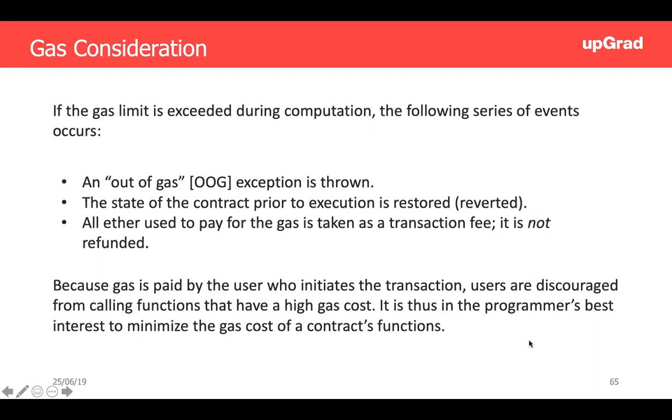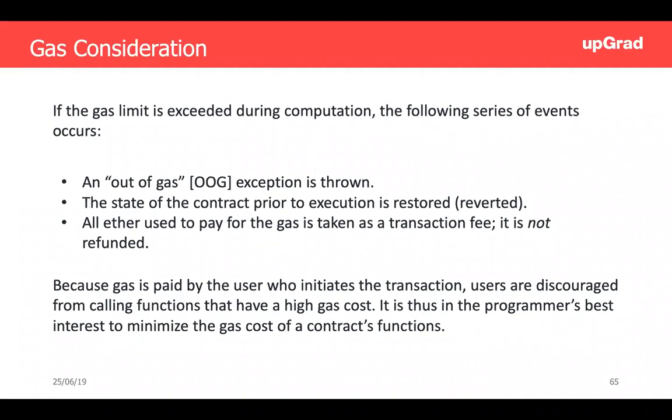But all of the gas that has already been consumed as part of reaching that exception will not be refunded back. It will be taken by the miner because he spent resources in running your erroneous transaction, right? So the thing to remember is, because transactions are triggered by end users, they will be the ones paying or bearing the cost of your mistakes.